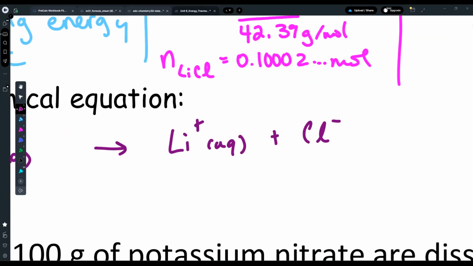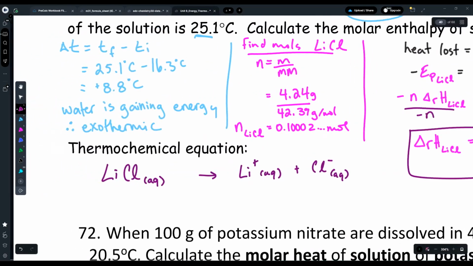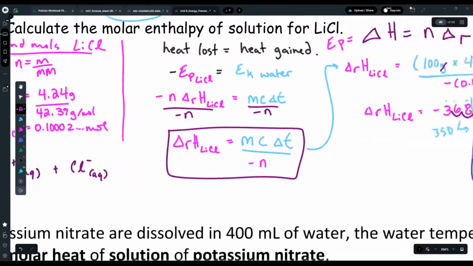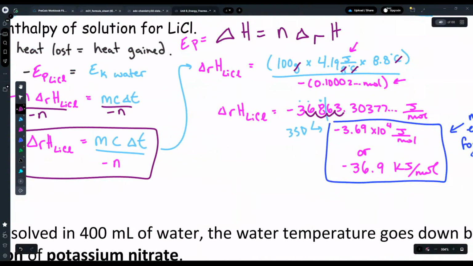Remember, whenever you're writing a dissociation equation like this, and you're splitting an ionic compound into its ions, you're only ever going to get two products, the cations, or the positive ions, and the anions, or the negative ions. Now, this reaction's already balanced, so I can see that we're using 1 mole of lithium chloride. I'm going to have to do this off to the side here.